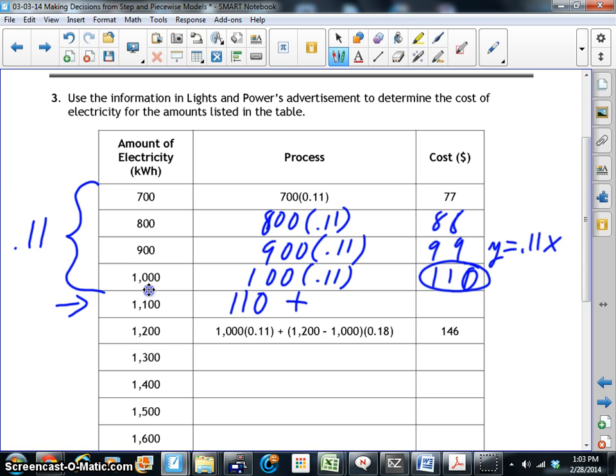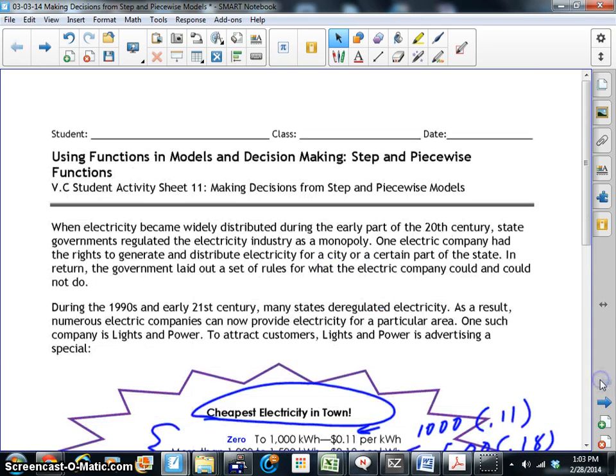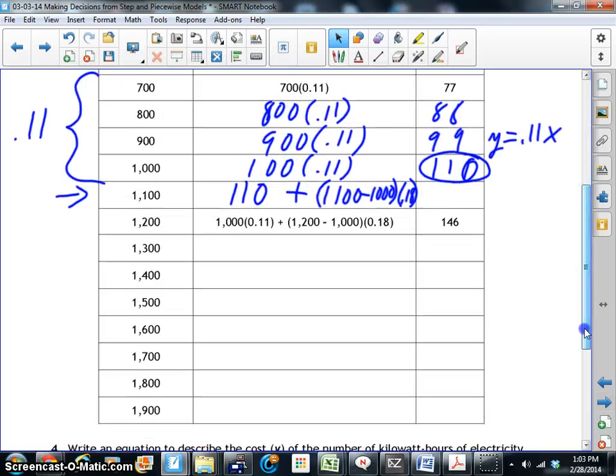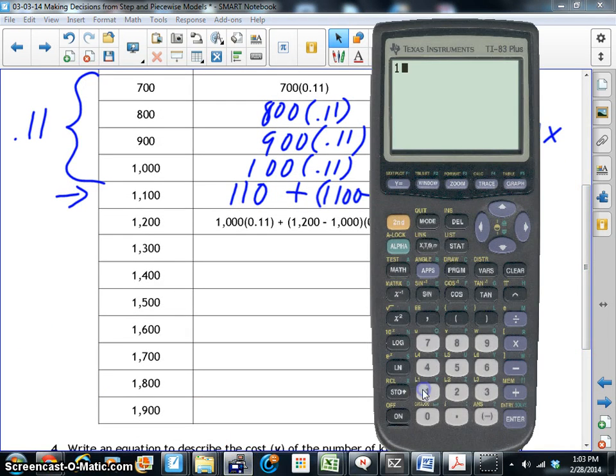This is how I'm going to write this. It's actually easier to write: 110 plus 1,100 minus 1,000, times 0.18. Let me just make sure that that's the amount. 0.18, yes.